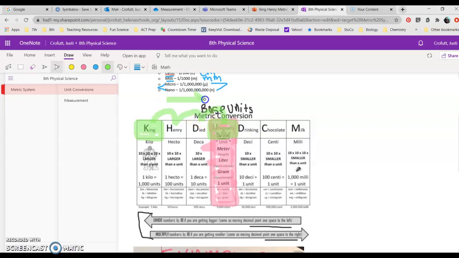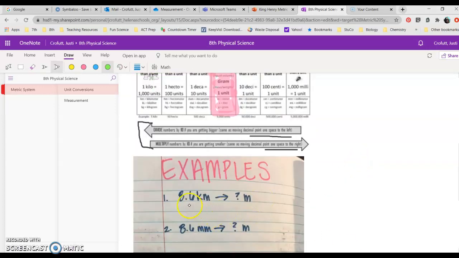You counted from your given to what they're asking you to find, so you went to the right 3 spots. So you would move your decimal to the right 3 spots. So what that would look like is, if our decimal is here, we go 1, 2, 3. That means we add 2 zeros in. So your answer would be 8,600 meters.